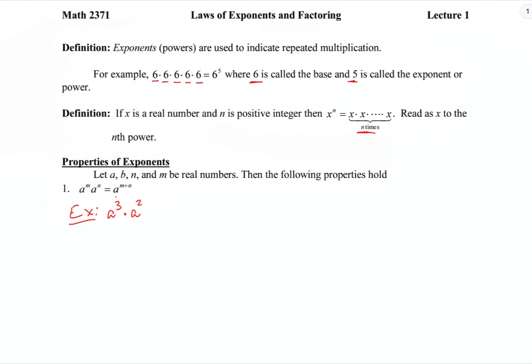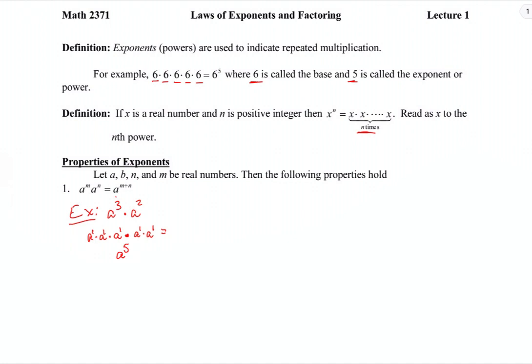If I write this out, that's a times a times a, that's a cubed, times a times a, and that's a squared. How many a's do I have? I have 1, 2, 3, 4, 5. So that's a to the 5th because I had 5 of them.